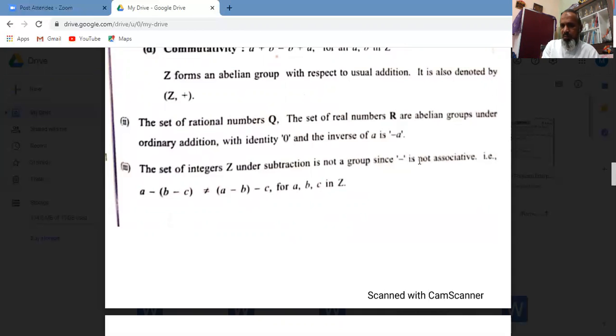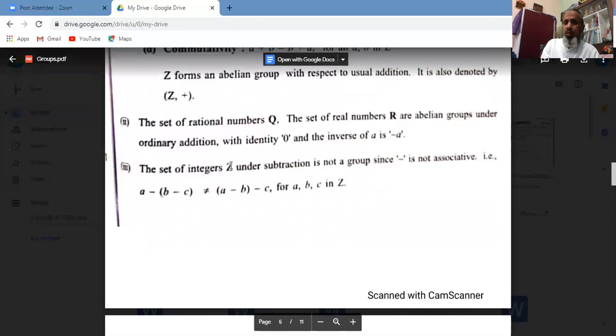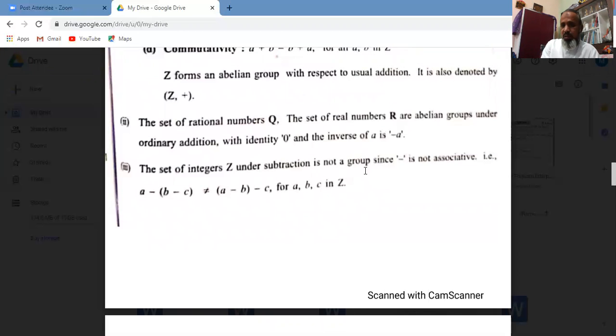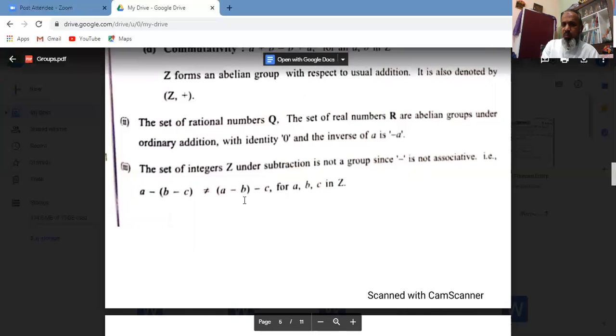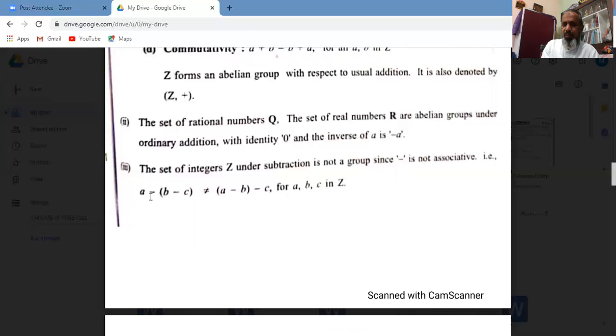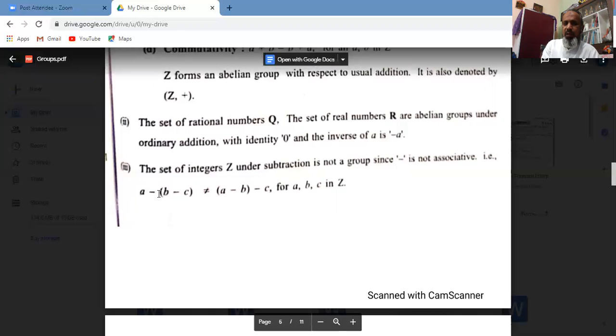The closure property is satisfied. The subtraction is a binary operation, but if it forms a group, then it must satisfy the other three properties, namely associative, identity, and inverse.